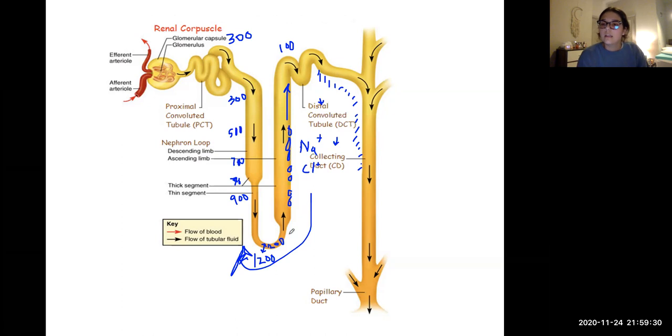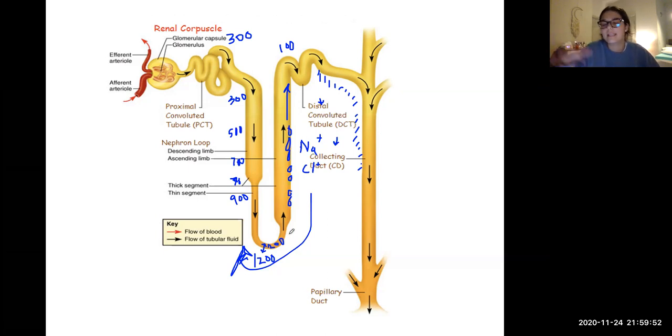You're just going to have more water, and it's going to dilute that concentration. You don't want to dilute it because you'd need to do the whole process all over again, and you need to continue to take water out of the descending limb. That's why they take the solutes out of the ascending limb.